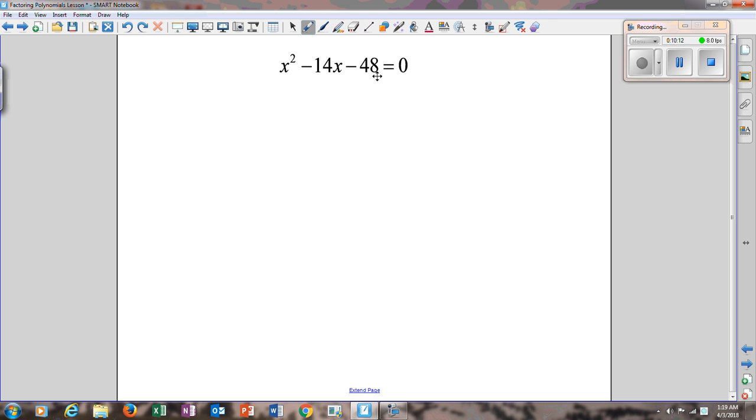Now this is an example of one that actually will break down. And so we set up two parentheses for it. We set it equal to 0. Now, x times x gives us x squared. Now, what multiplies to give you 48 and adds to, well, what multiplies to give you a negative 48 and would add together to give you negative 14? So I can first look at the factors of 48.